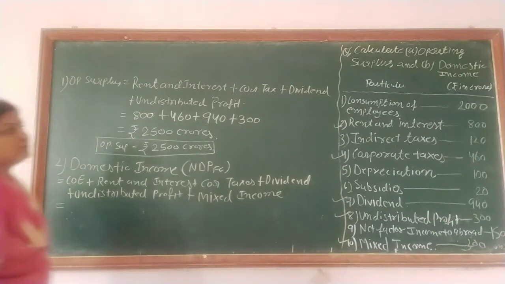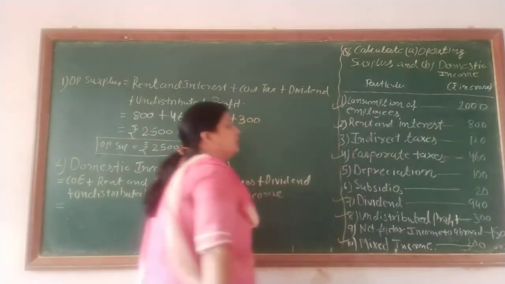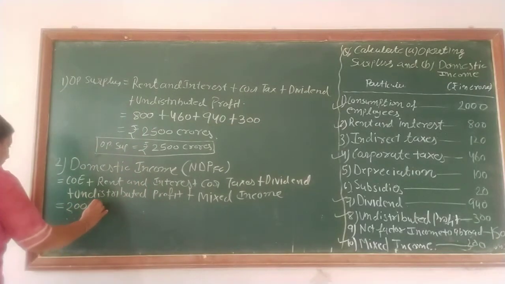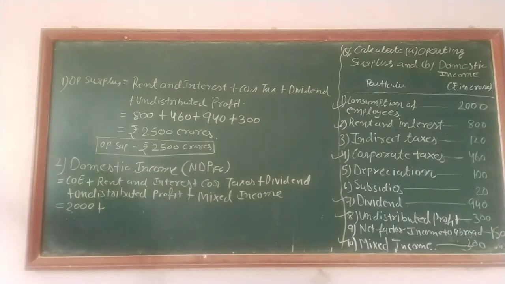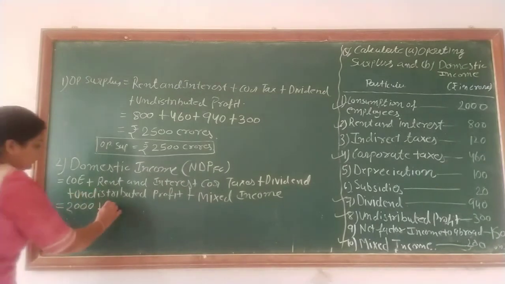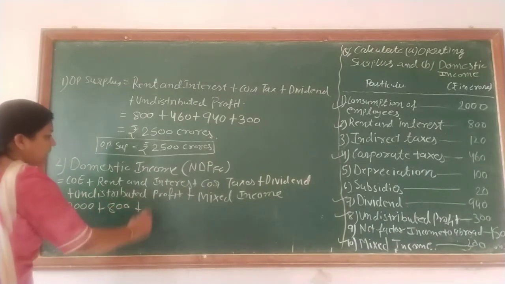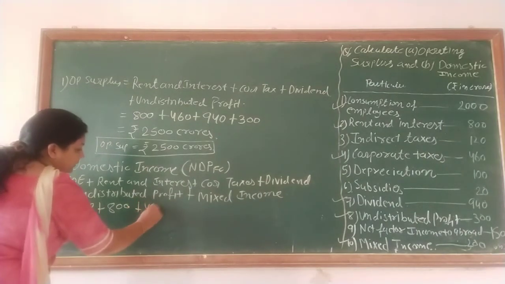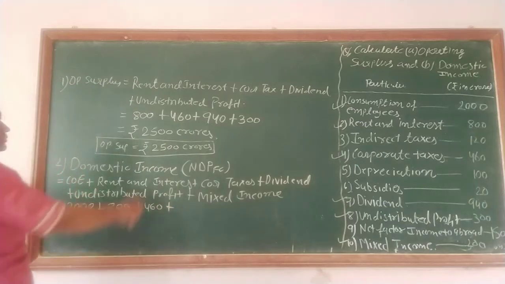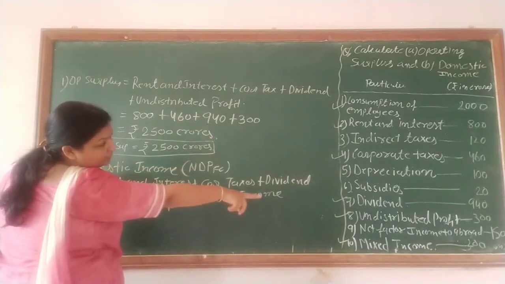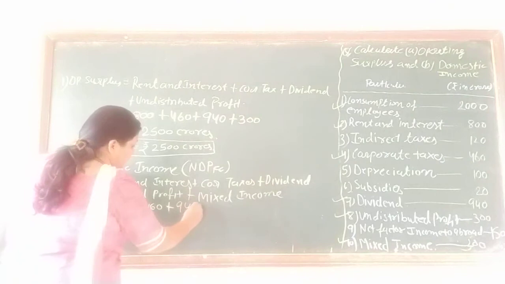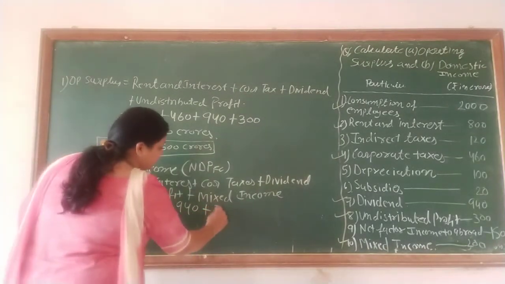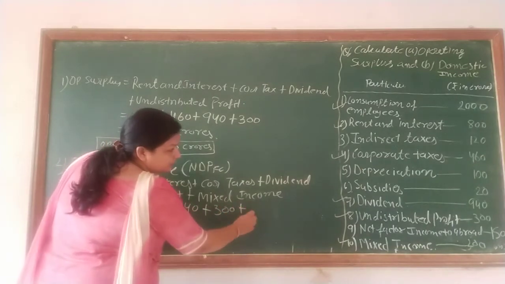Now put the values in this formula. COE, compensation of employees, is also given to you. That is 2000. 2000 plus rent and interest 800 plus corporate tax also given to you 460 plus dividend is also given to you. How much dividend? 940 plus undistributed profit 300 and mixed income 200.